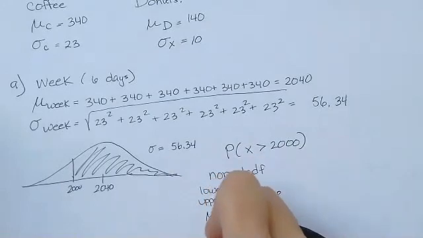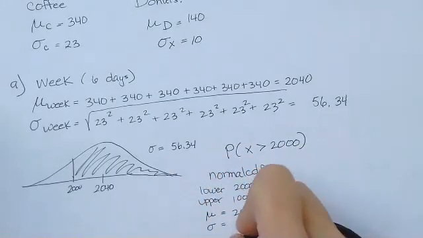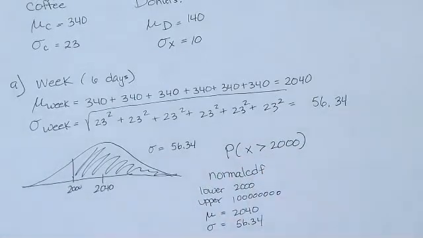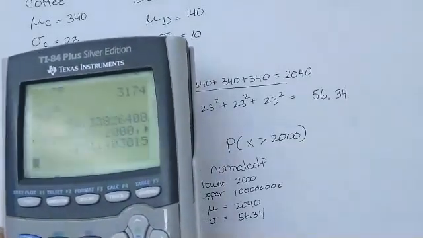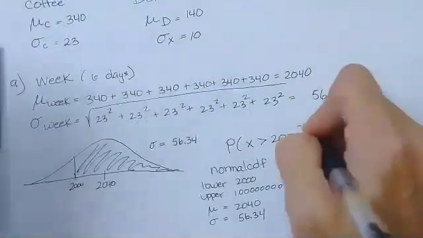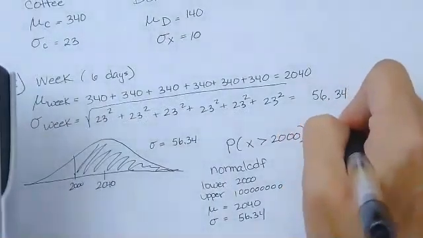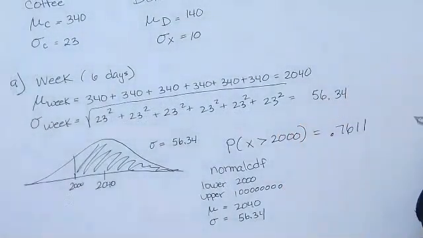And my standard deviation is 56.34. So I go to second, normal CDF, 2,000, huge number for my upper, and 56.34, paste, and I get 0.7611. Oh, good, that's what they got. Okay, part B.